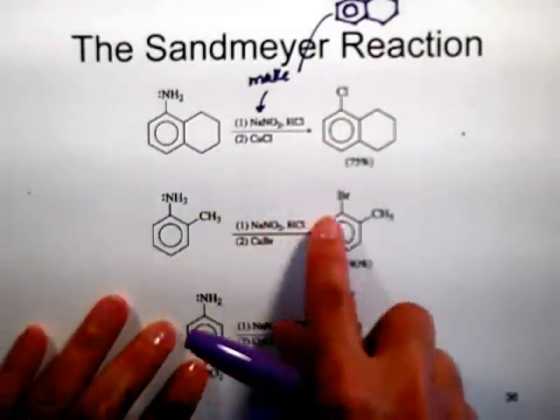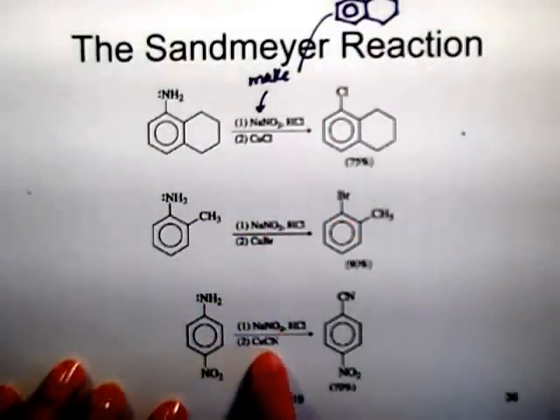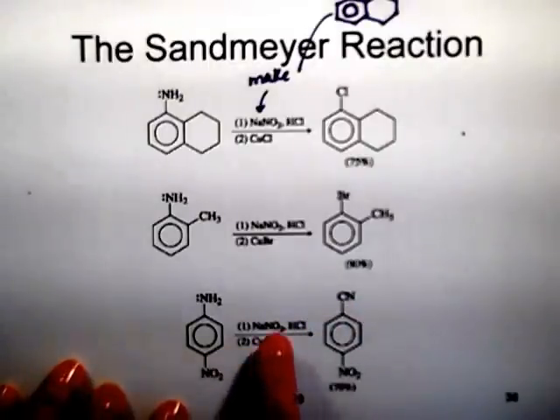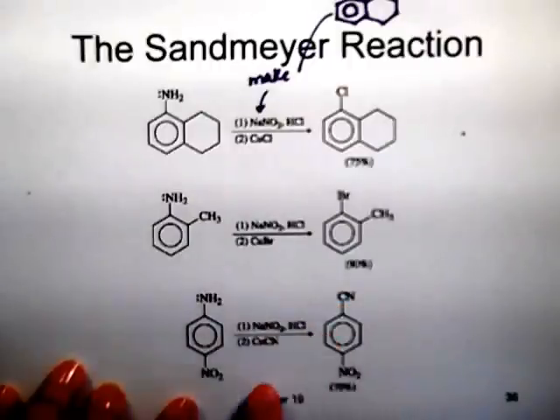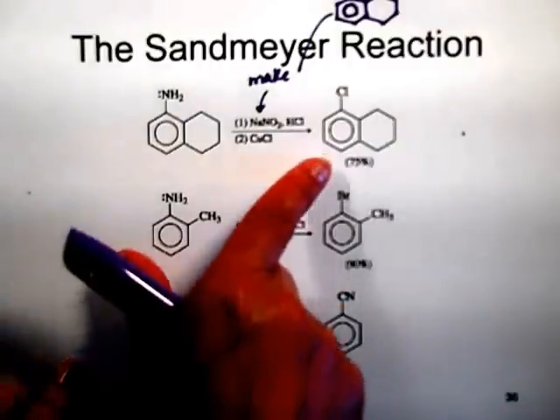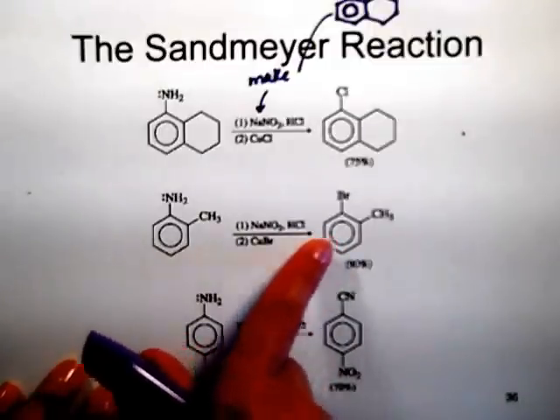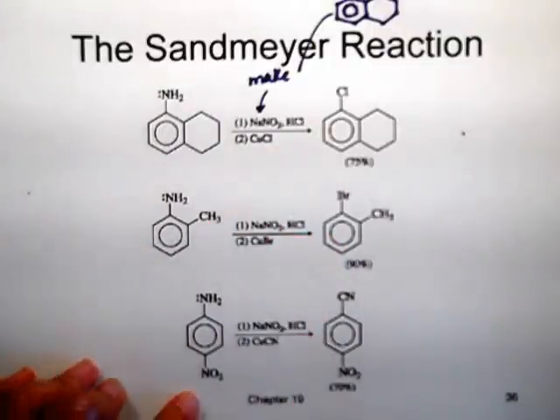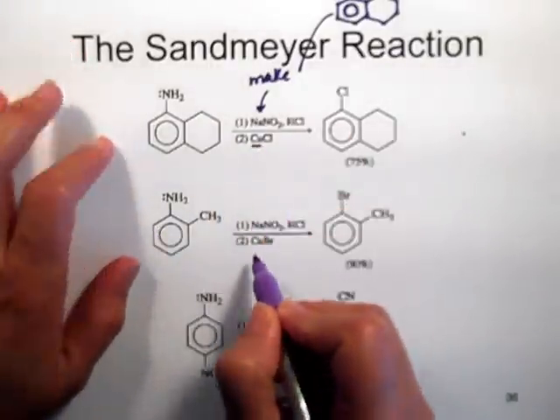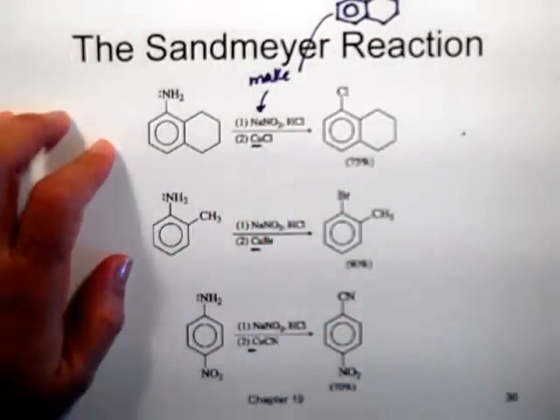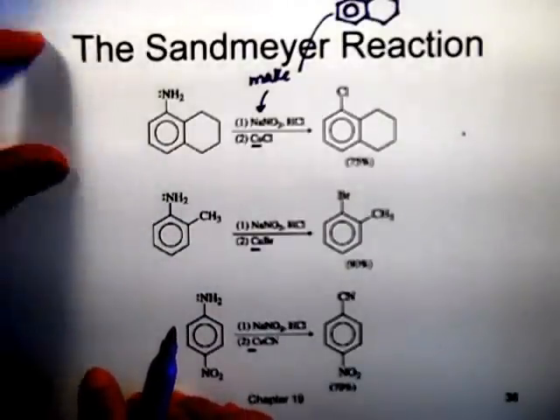With copper bromide, I substitute the N2 for a bromide. And with copper cyanide, I can substitute the N2 for the cyanide group. The yields are 75, 90, and 70. So it can be a very good yield or it can be a decent yield. And this is again the Sandmeyer reaction because those are the ones that have the copper. So the exchange is going to be facilitated by the presence of the copper salt.